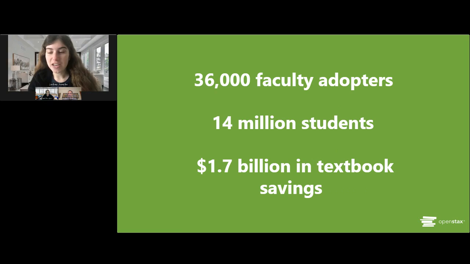OpenStax has a very far-reaching influence, which we're very fortunate for. Not only are we present in more than half of all universities in the United States, but we have grown to have over 36,000 faculty adopters use our textbooks in their courses, thereby serving over 14 million students and saving them over $1.7 billion.